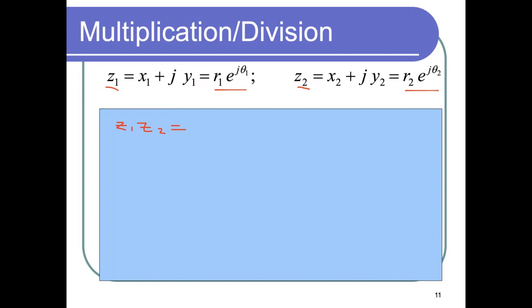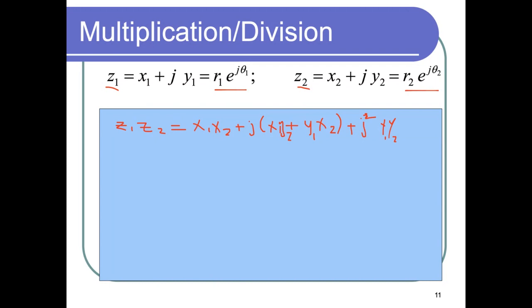then what happens is that I have x1 x2, then plus j x1 y2 plus y1 x2, then plus j squared y1 y2.